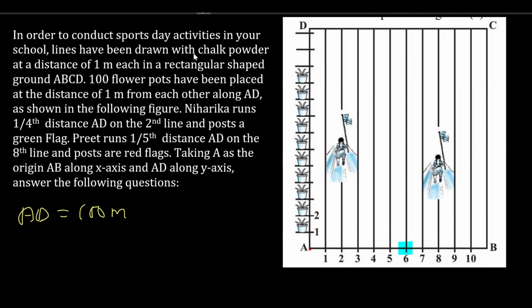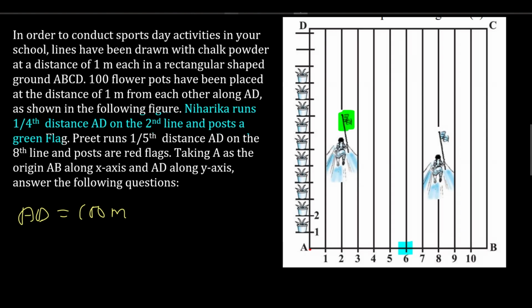And later it says that they are talking about a girl called Niharika, who is running. She is running on the second line and she covers 1/4 of the distance and posts a green flag. And how much distance has she covered?